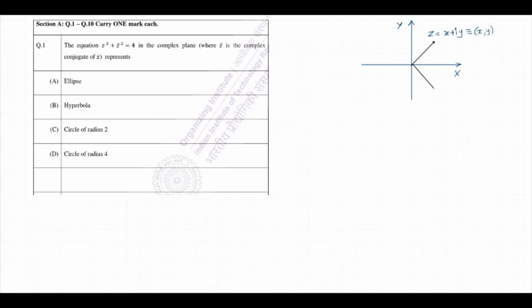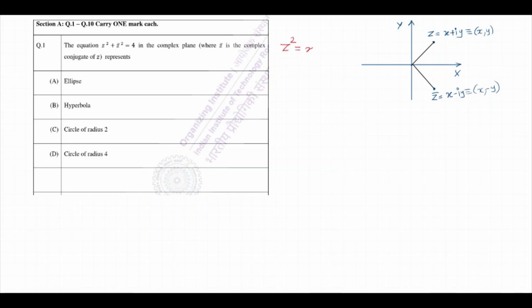That is, you will get a point here, and for z bar the x value is the same but the y value is negative, so it is x minus iy, or x comma minus y. That is the meaning of conjugate. And now we have to calculate what is z square.